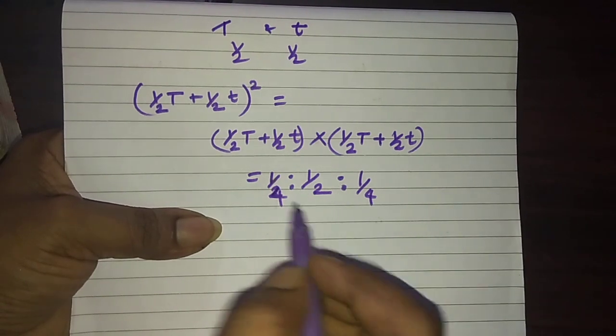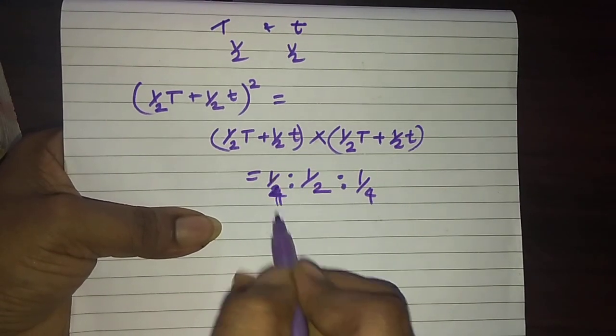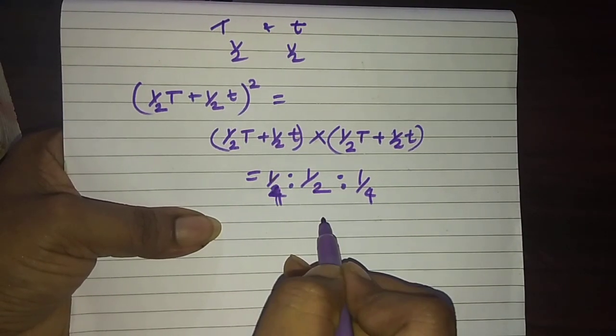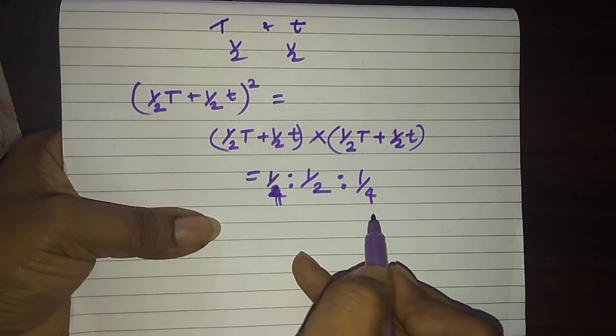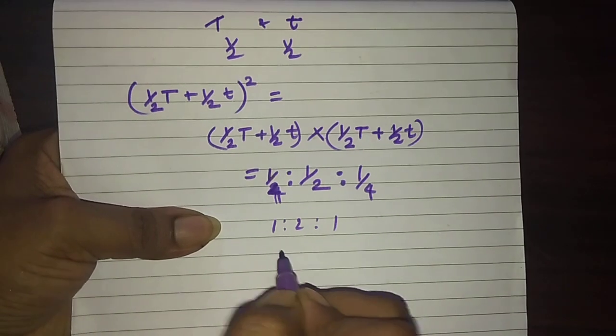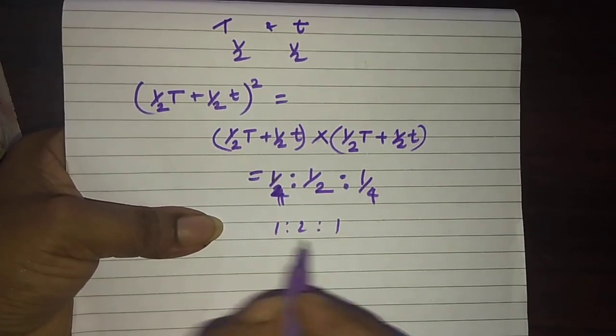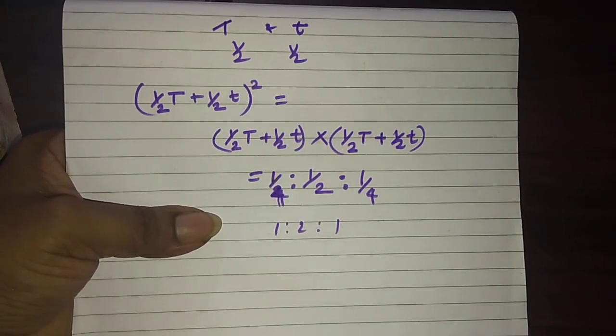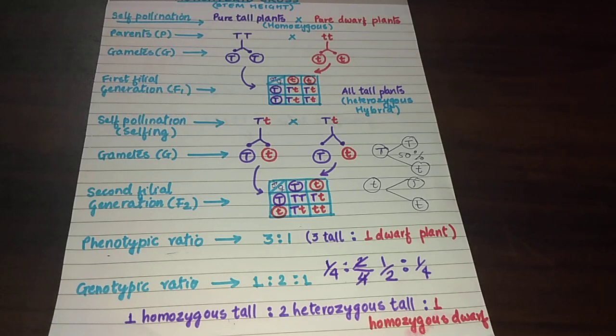So we see that one is homozygous, two are heterozygous, and again one is homozygous. That's how we get the 1:2:1 ratio in a monohybrid cross as the genotypic ratio. So this is the way a monohybrid cross is carried out.